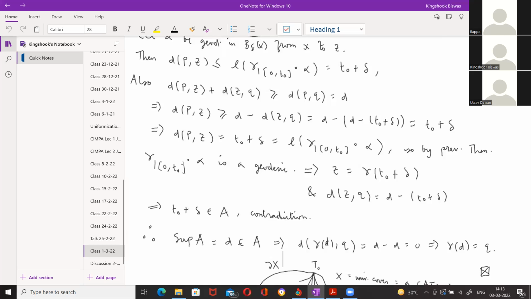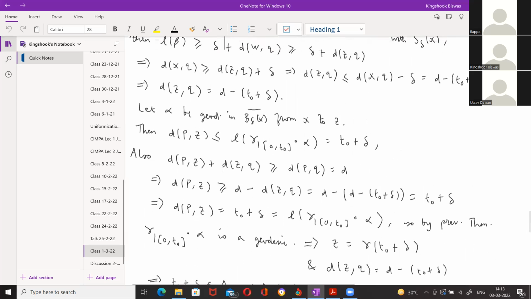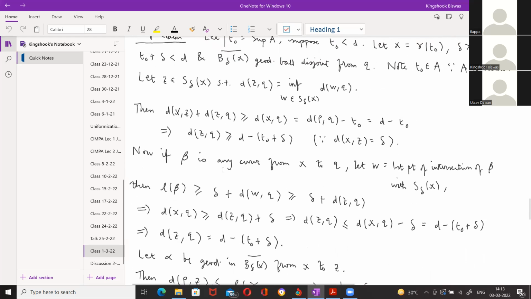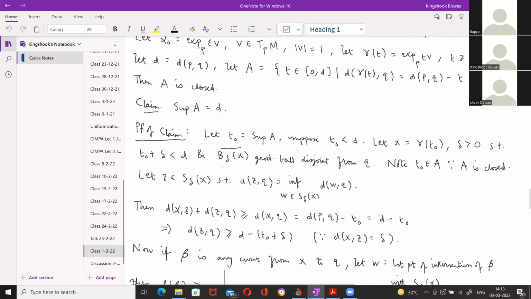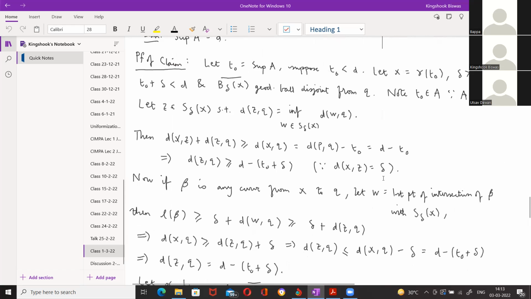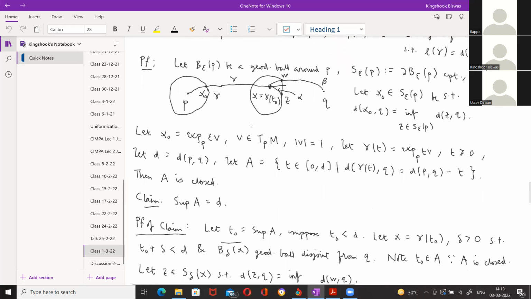So here you need T naught to be positive, and the reason that T naught is positive is because the same way that we showed the distance from Z to Q is the distance from X to Q minus delta, that same argument will tell us that when we do this first step, the distance from x naught to q is the distance from p to q minus epsilon.